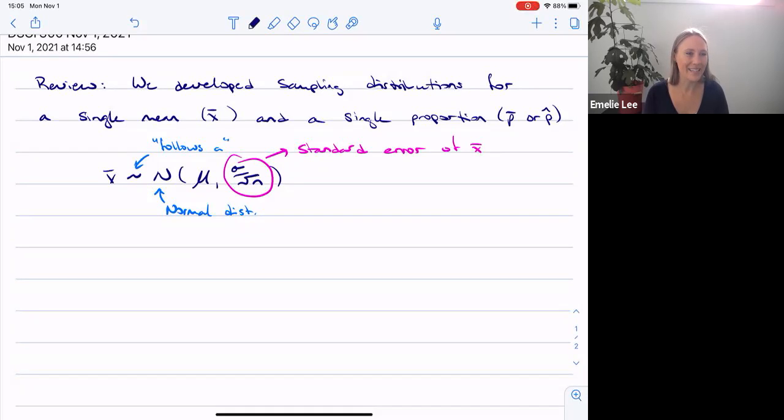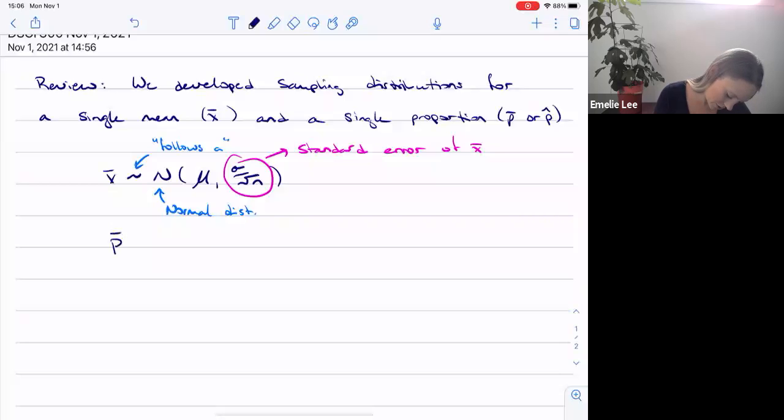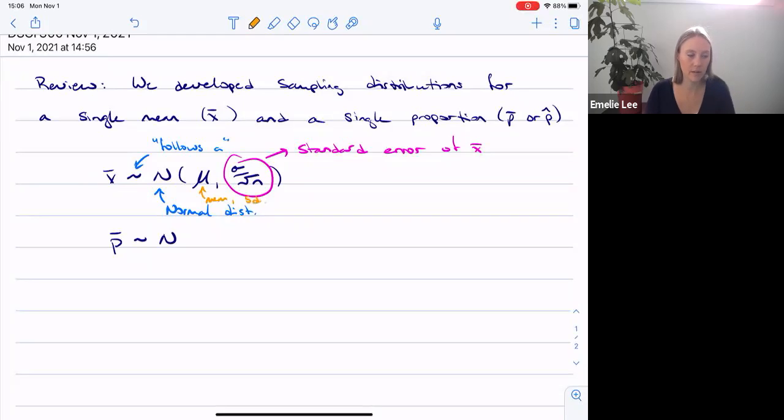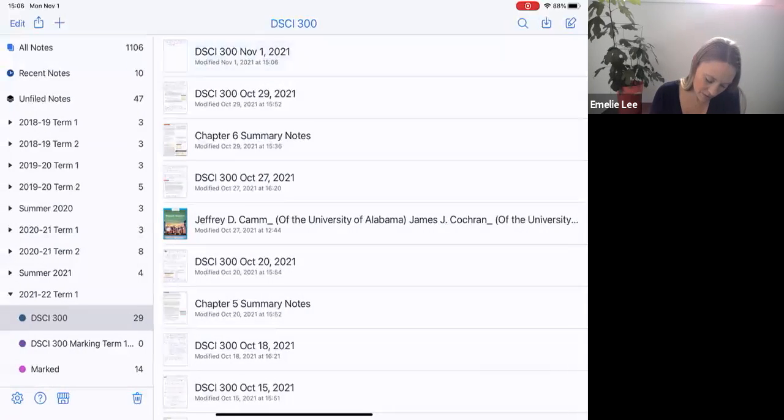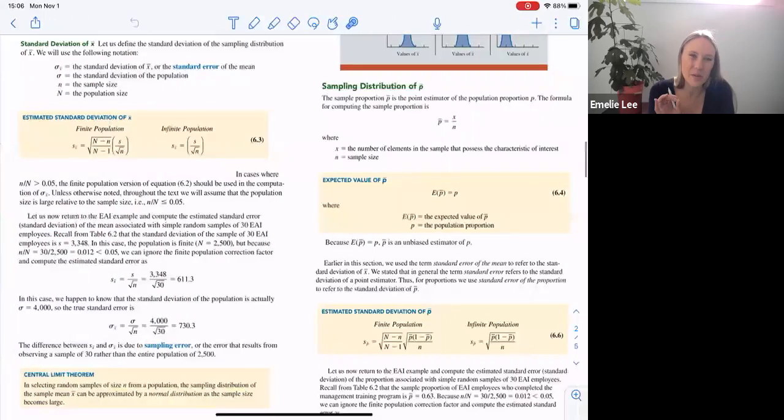Then for the sampling proportion P bar, we said it also follows a normal distribution with a mean and an SD, or standard error, assuming that some conditions are met.